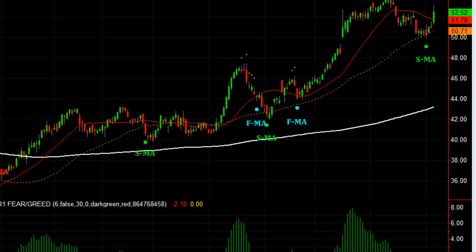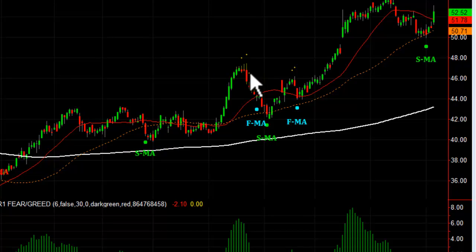Now I have the typical 200 moving average in white, 50 period moving average in orange, and a 20 period average in red. And so you can see it identifies all of the pullbacks to the slow moving averages and the first pullbacks to the fast moving averages, thereby enabling a quick entry as soon as the trend is confirmed using the typical moving average trend confirmation.